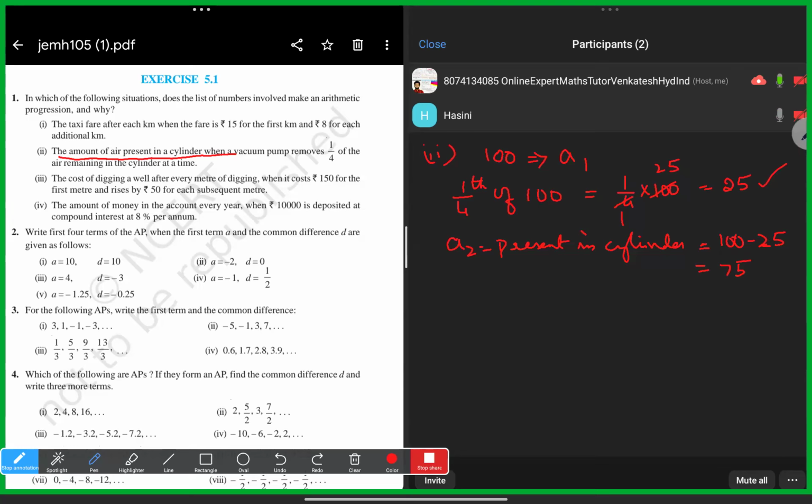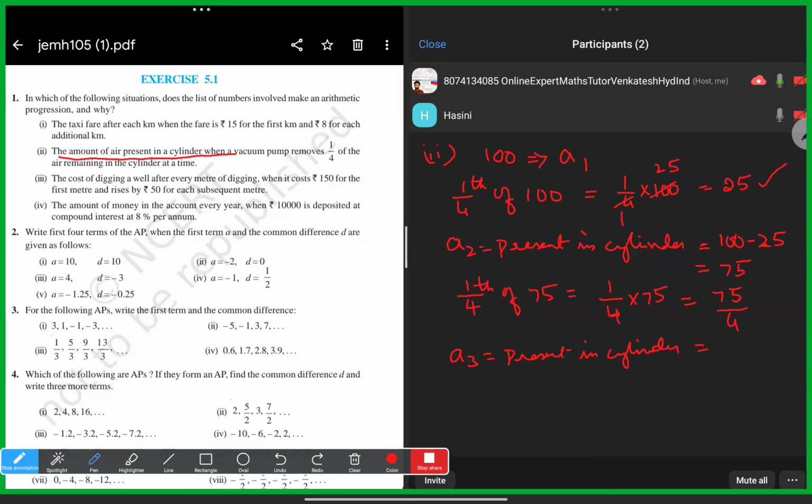Now again the situation continues. So what is present in the second case now? 75 is there in the cylinder. In that, 1/4 again is removed. 1/4 into 75. We cannot cut 75 and 4, so we write 75 by 4. Now this is removed. So A3, term 3, the air present in the cylinder.